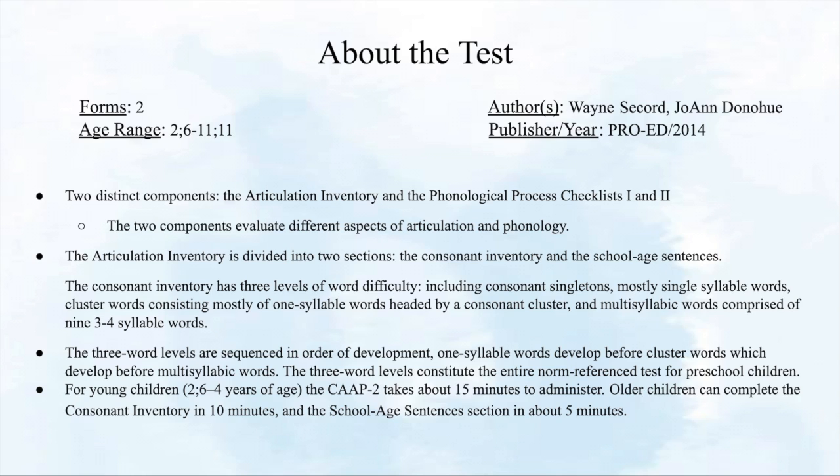And there are 3 levels as described, and they increase in difficulty from consonant singletons, then to cluster words, and then to multisyllabic words. For young children, 2 years and 6 months to 4 years of age, it takes about 15 minutes to administer the test.